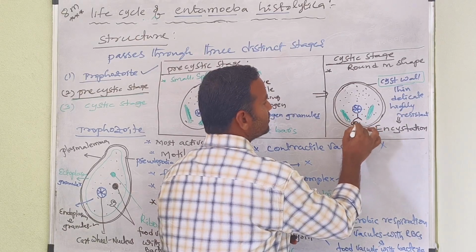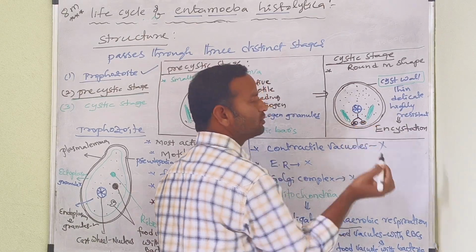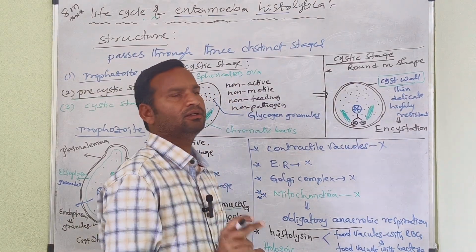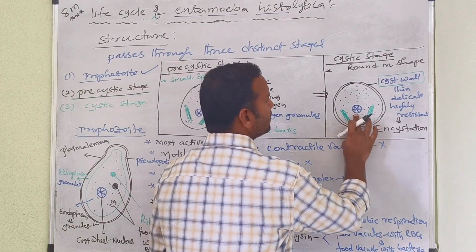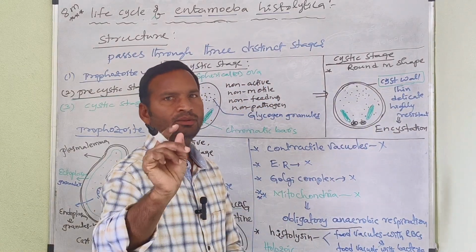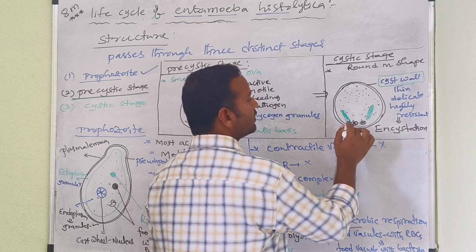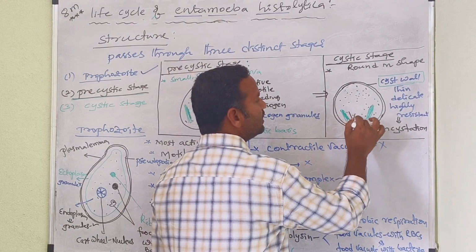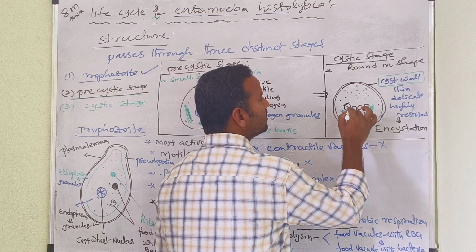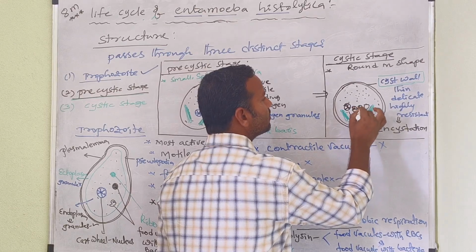As a result, it produces two daughter nuclei, and the original one disappears, because one is divided into two. Further, each of these two produces two again, so there are four daughter nuclei.